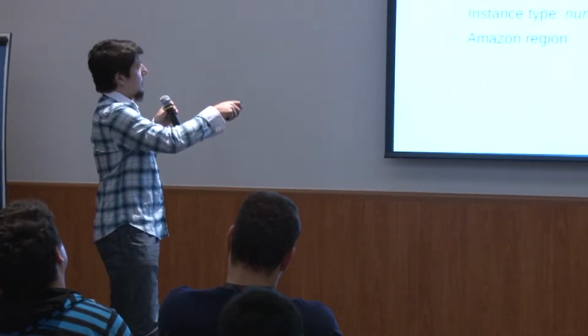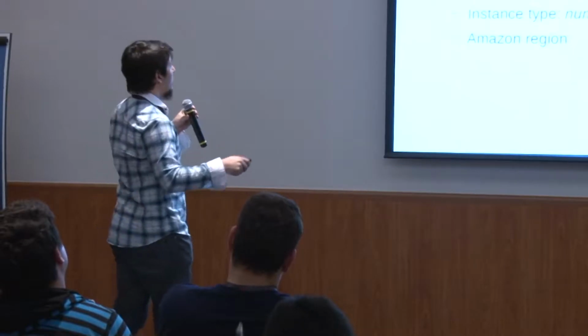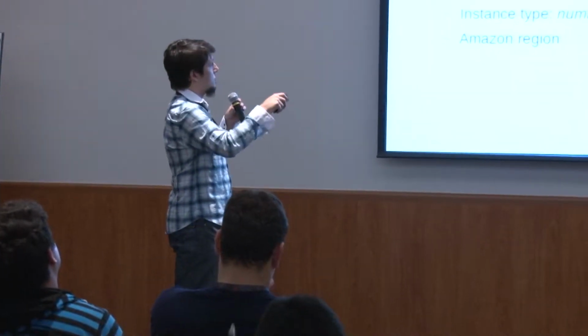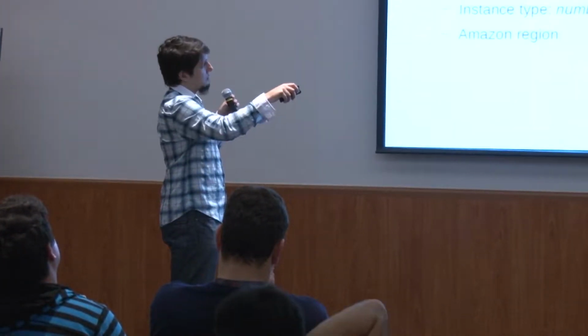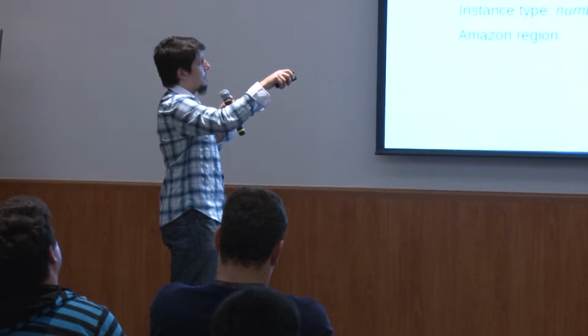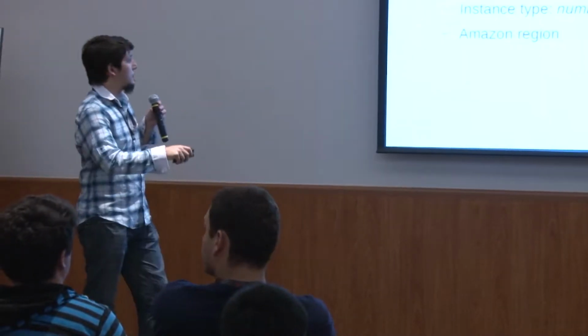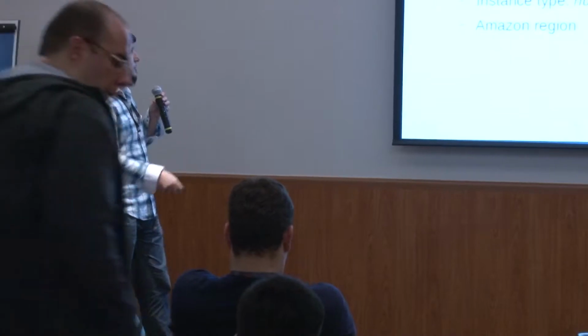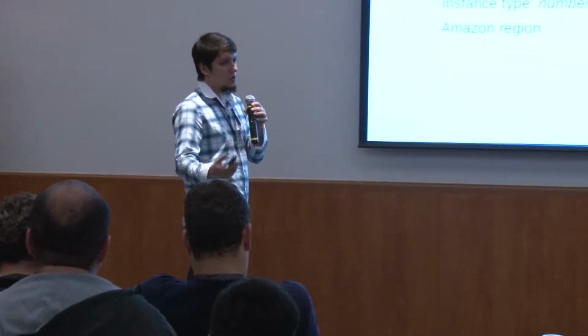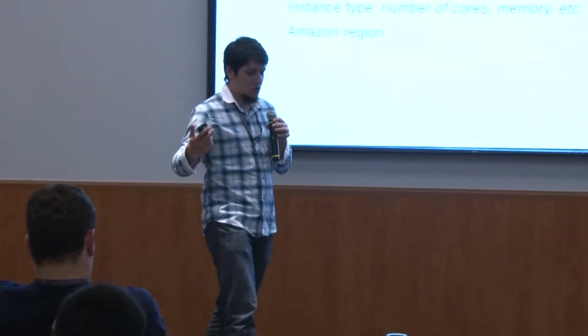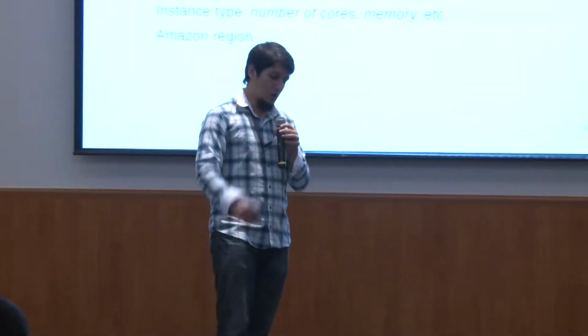So I would perform, as a developer, an HTTP request to this URL with some path there, and I could get the instance type, for example, how many cores I have, how much memory, and so on.